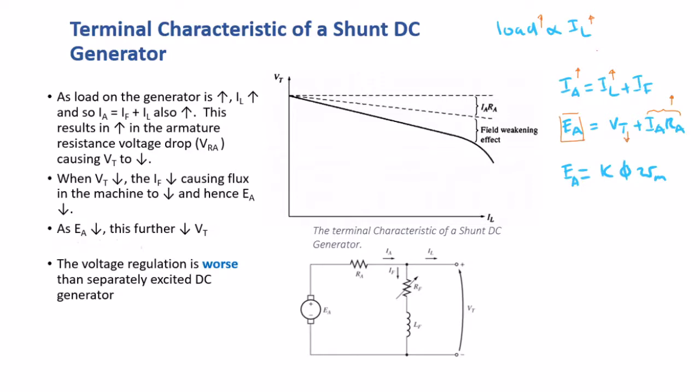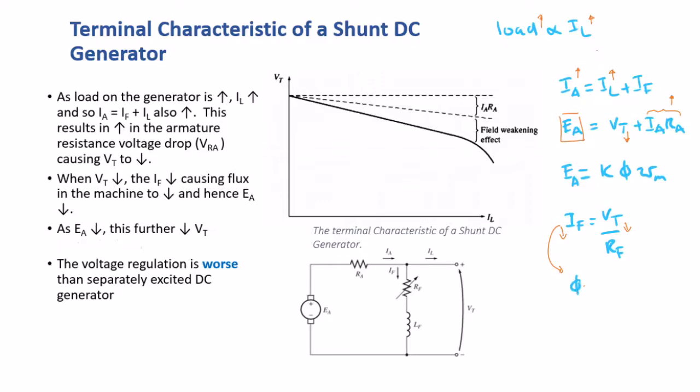Okay, and when the VT drops, well, there is another equation for the field circuit: if you look at this equivalent circuit, IF is equal to VT over RF. So when the VT drops, IF will also drop, and we knew already that this will affect the flux in the system.